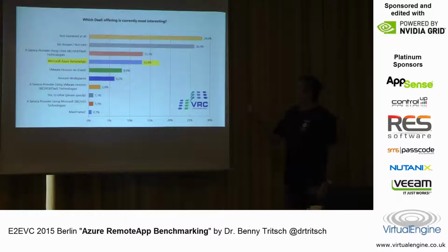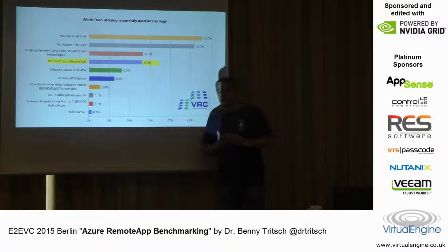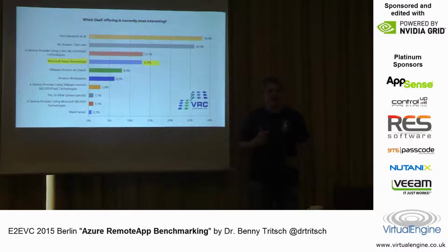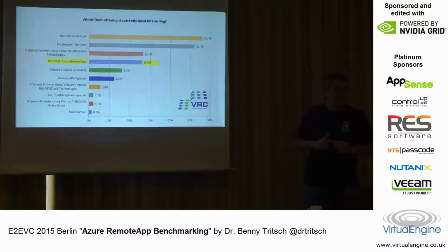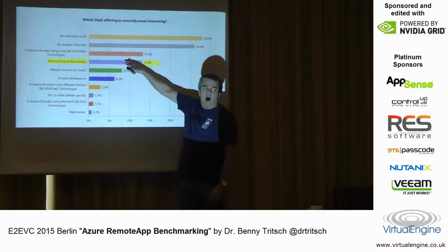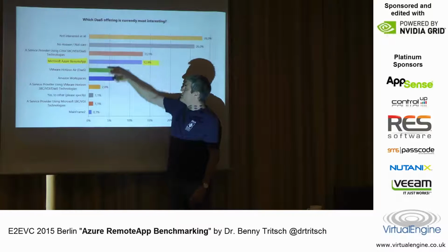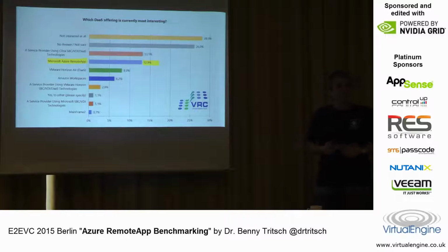So a bit more than half a year, and already when Ruben and Jeroen did their survey with Project VRC, and they asked, what is the desktop as a service offering that you want to use in the future? It was amazing that they did that in March, and at that time, Microsoft Azure RemoteApp already made it to the top ranks.